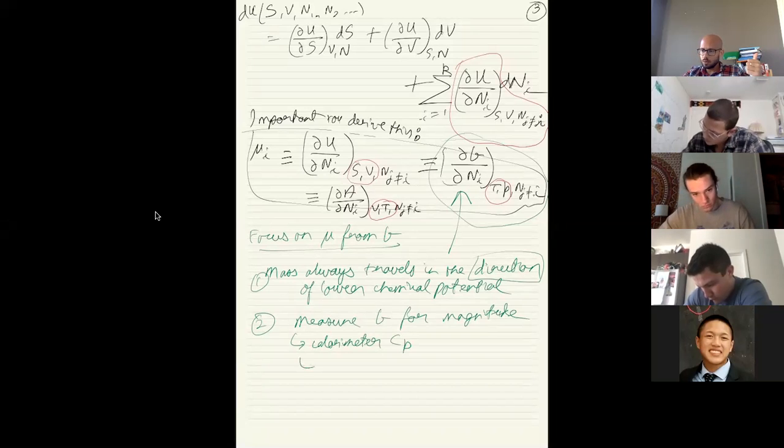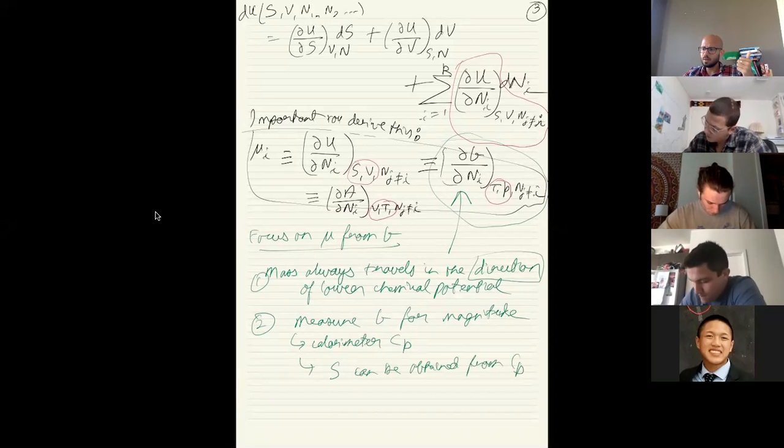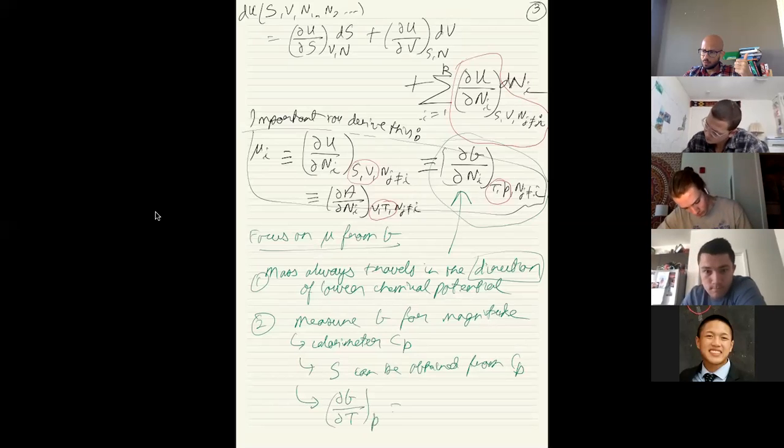From CP, you could calculate S, correct? We wrote down the full expression for this, where if you know CP as a function of temperature, you get S. If you know S, you have this very nice relation that partial G by partial T at constant P is equal to minus S, so you can get the G. And so with calorimetry, you can use your thermodynamic skills to get to free energy. And that's how you can get the magnitude of chemical potential.